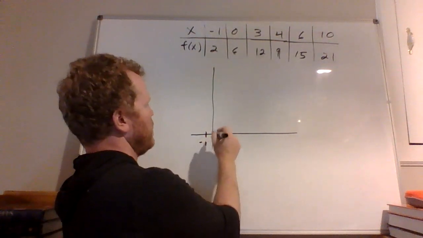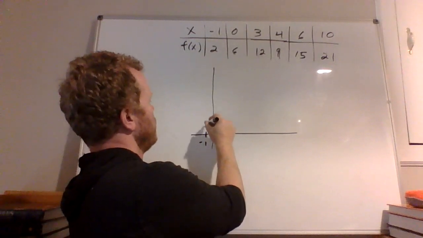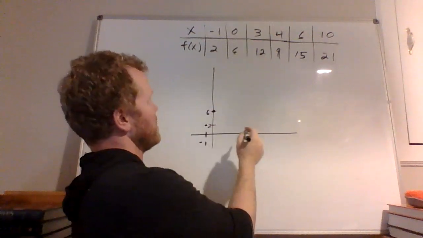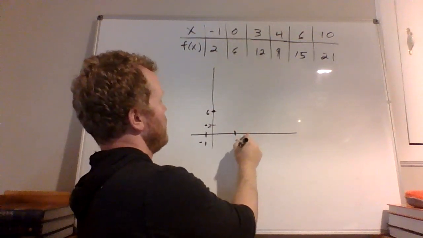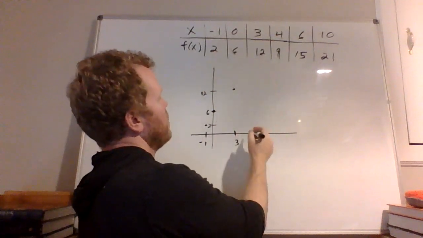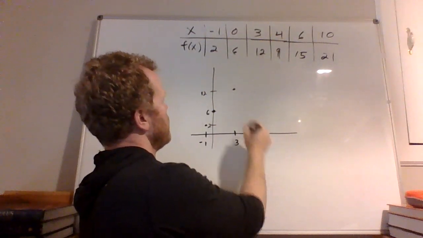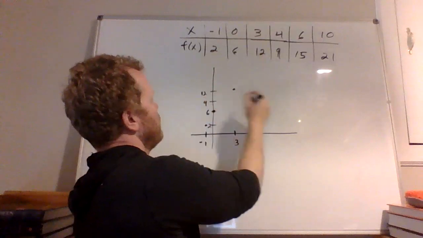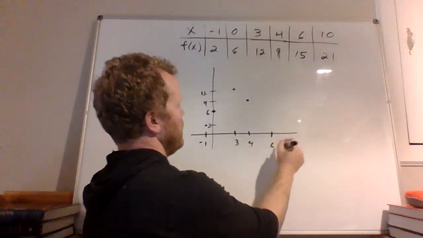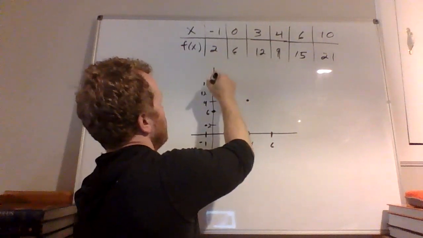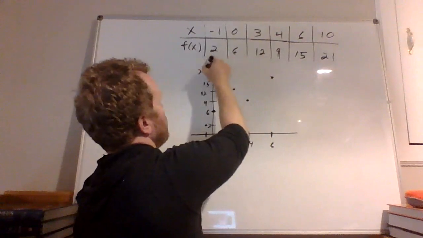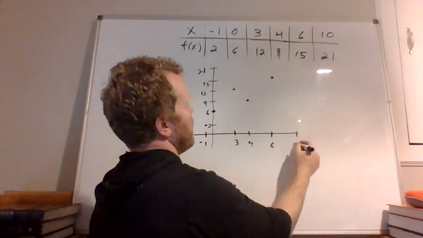So -1 has a height of 2, so there's a dot there. 0 has a height of 6, so there's a dot there. 3 has a height of 12, so there. 4 has a height of 9, and 6 has a height of 15. And finally, you get a 21 if you plug in a 10.